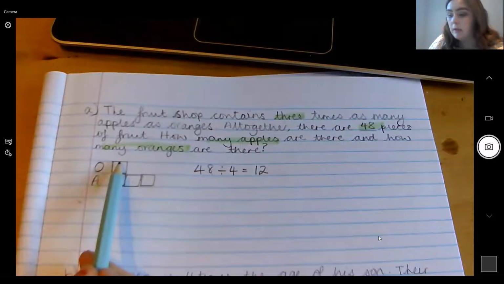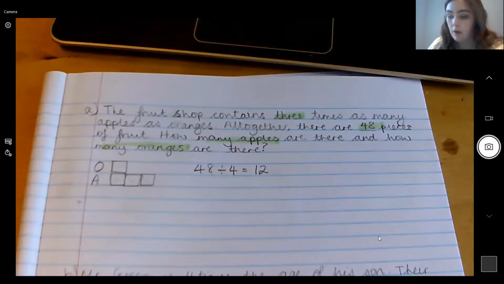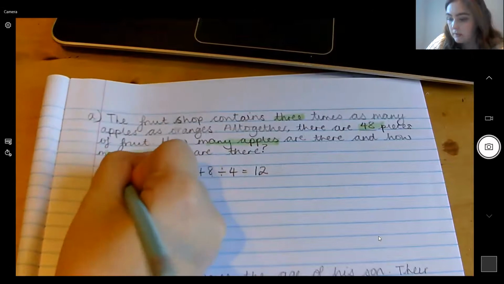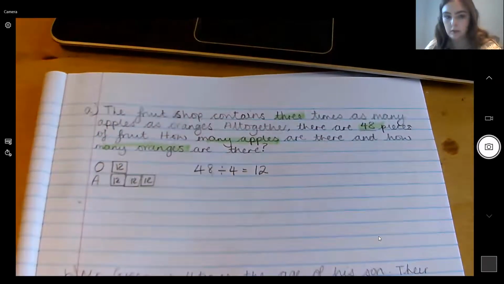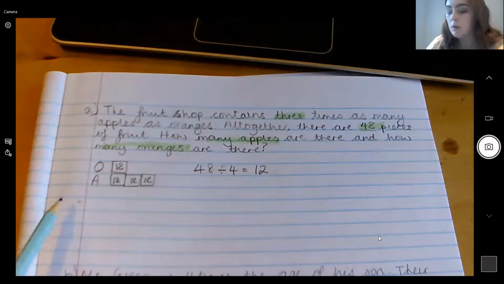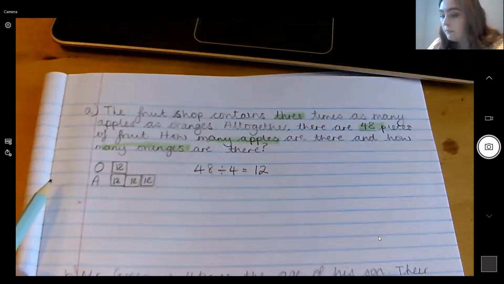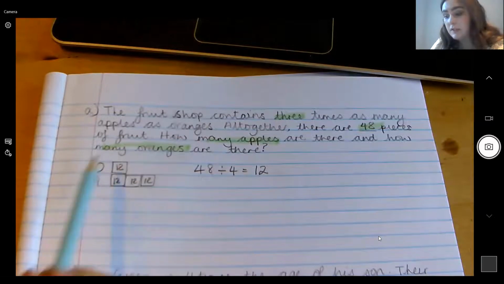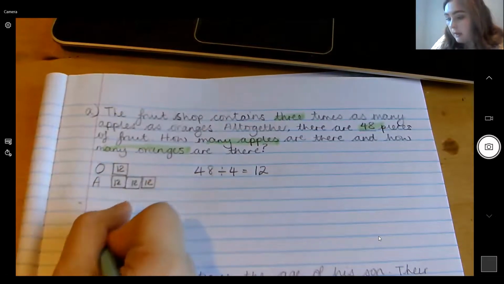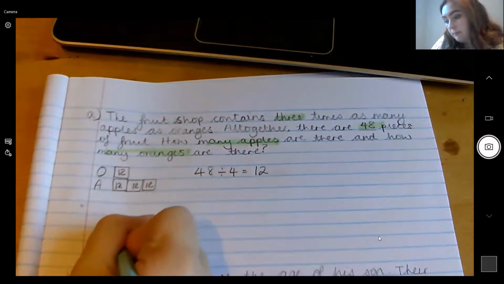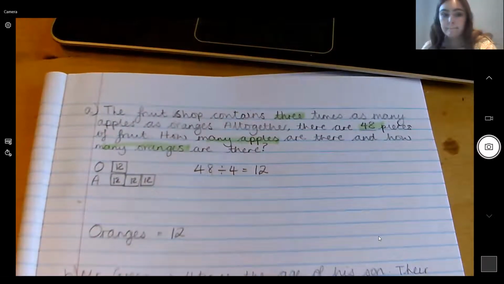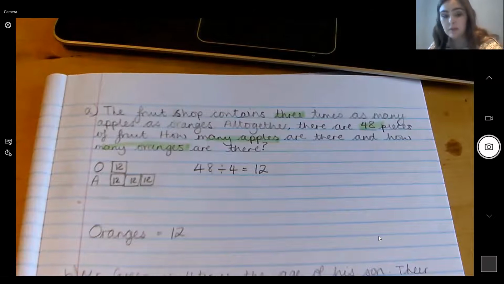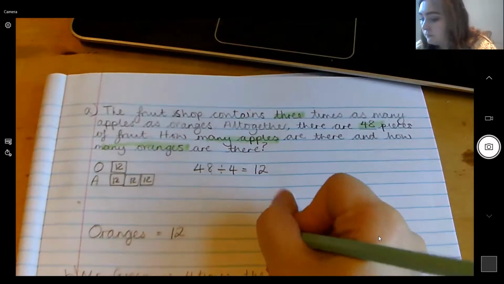So I know each of these is going to be worth 12. So that's 12, that's 12, that's 12, and that's 12. So we know that we've got 12 oranges. So I can write the answer for oranges here. But I need to find out how many apples there are as well.